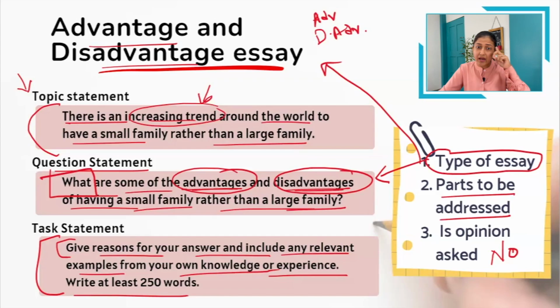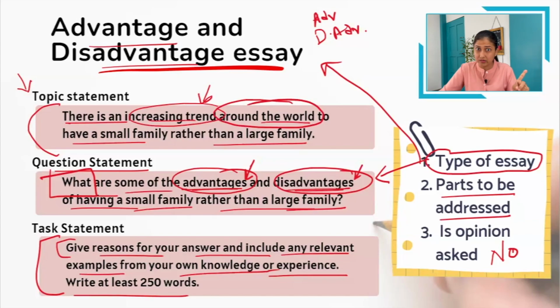At the same time, I have to keep in mind that it is asking for advantages, plural, and disadvantages, plural. So, a minimum of 2 advantages should be there in my entire essay and a minimum of 2 disadvantages, correct? Plus, look at the topic statement. It says around the world.